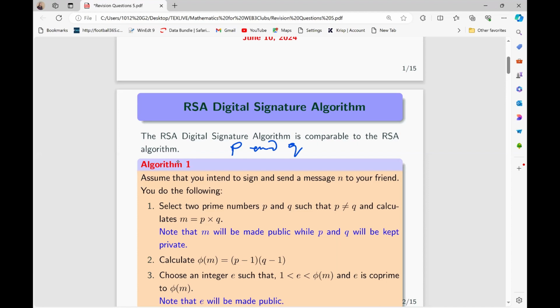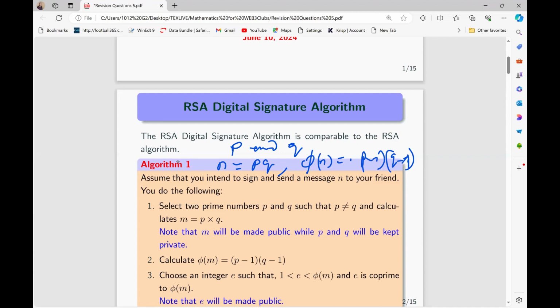Then after choosing these two prime numbers, you get their product N. After getting the product, you also get the Euler phi of N, which of course is P minus 1 multiplied by Q minus 1.